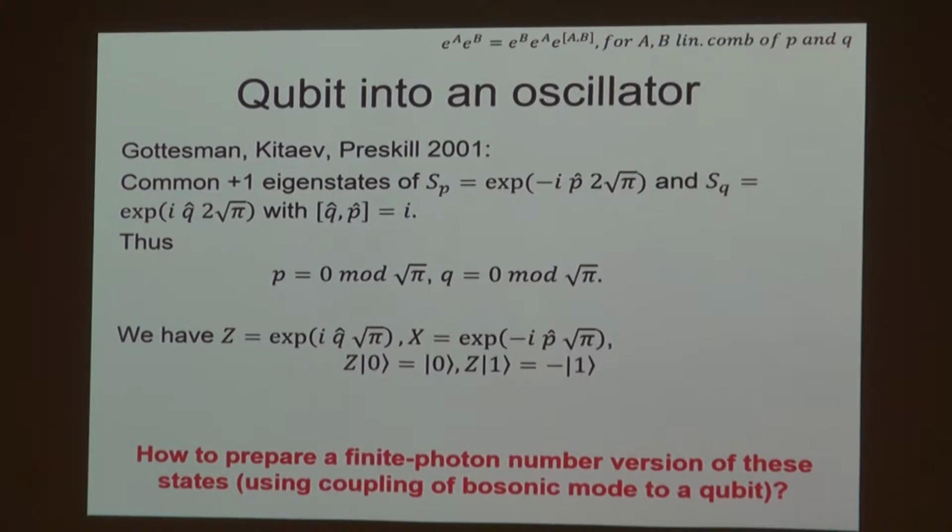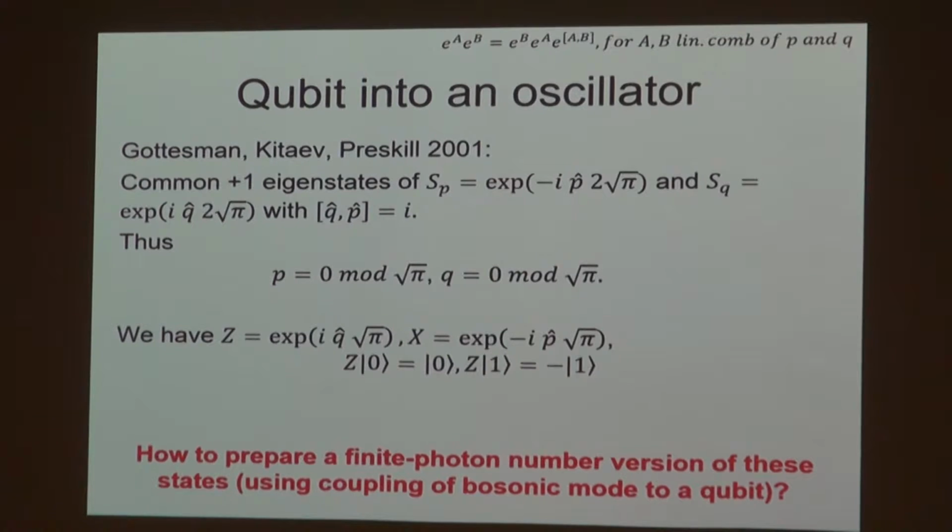Why are they commuting? Well, if you look at two operators like e^{iA} and e^{iB}, where A and B are linear combinations of P's and Q's, then you can check the commutativity, and you have a phase factor, e^{i} commutator of A with B. It turns out that by this choice of parameters, this phase factor is 4 times pi, which is, of course, then 1.